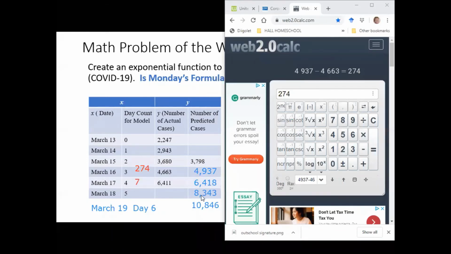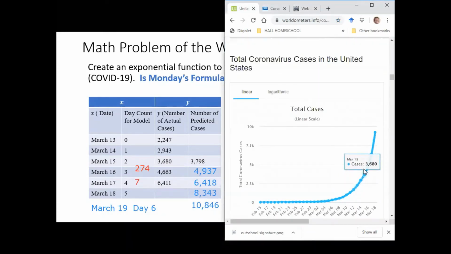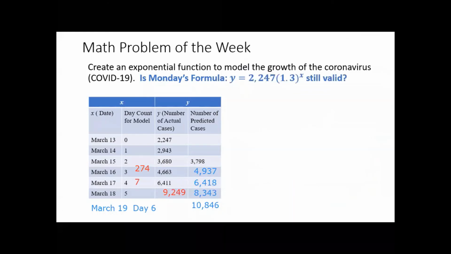So yesterday we predicted there would be 8,343. Hopefully it's a lot less than that. So let's take a look at March 18th. There are 9,259 cases yesterday. Wow, guys.